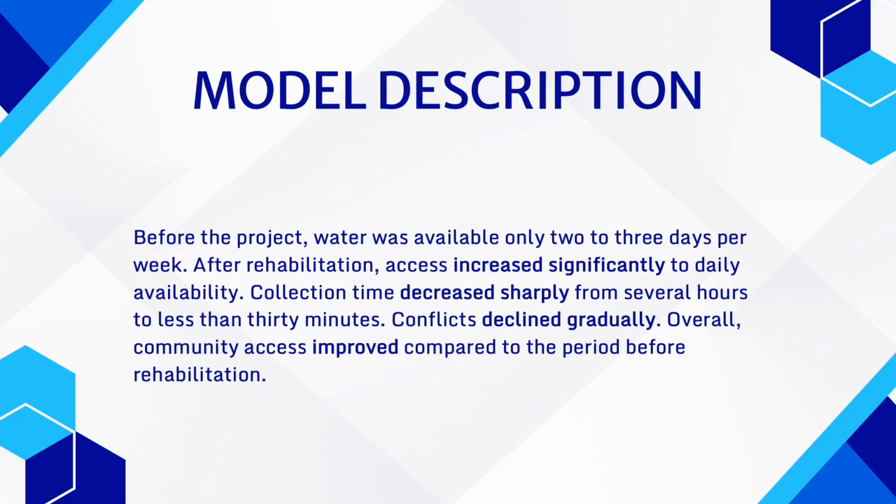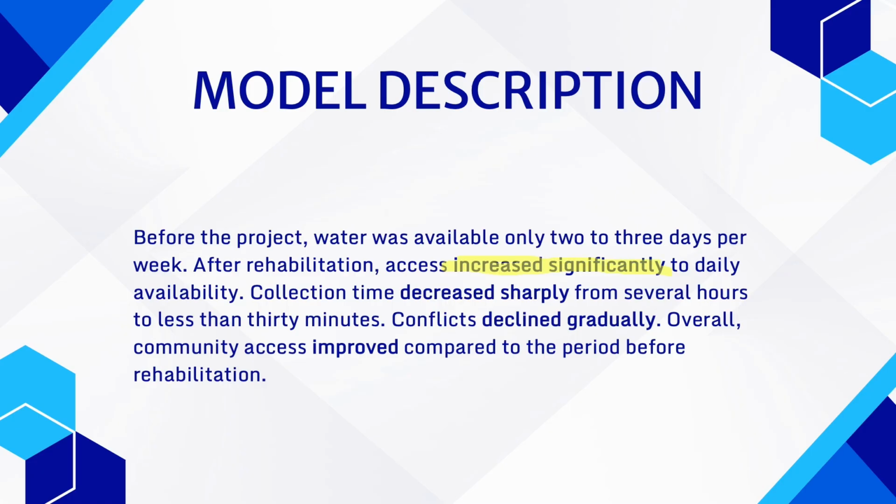So let's practice using some of these words to describe what happened in our case study. The focus in this paragraph is on the vocabulary. So, before the project, water was available only 2 to 3 days per week. After rehabilitation, access increased significantly. So we have increased, went up significantly.